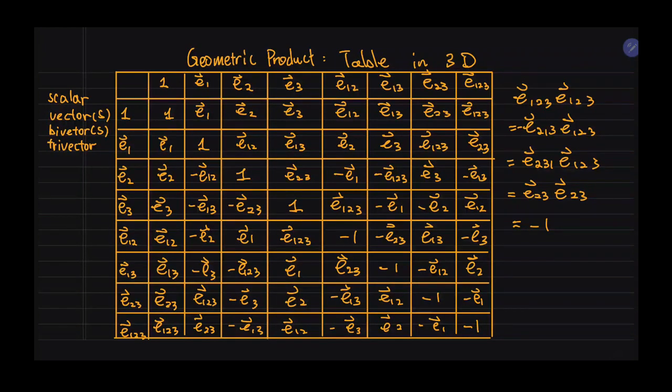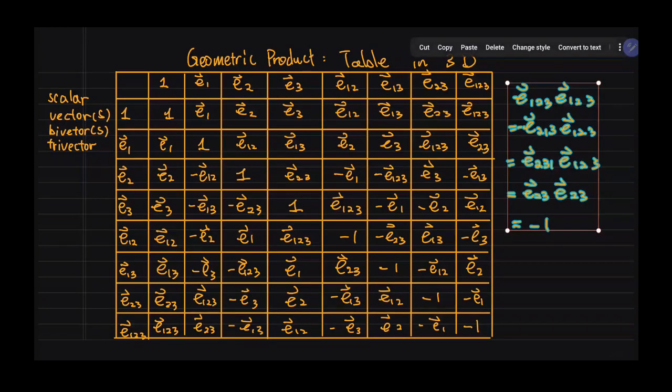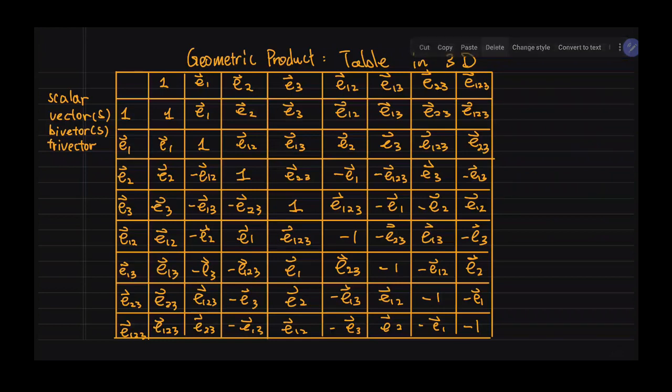And now we have derived the geometric product table in 3D. In 4D, it's basically the same story. We're just using the algebraic definition of the geometric product to carry out such multiplication in the orthonormal basis vectors.